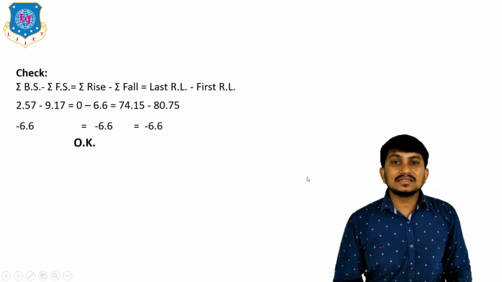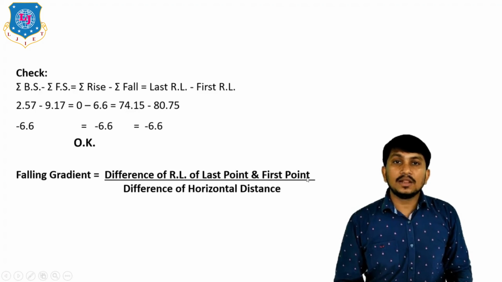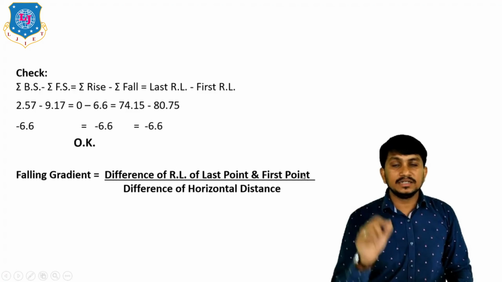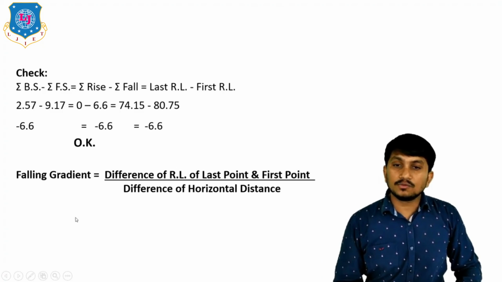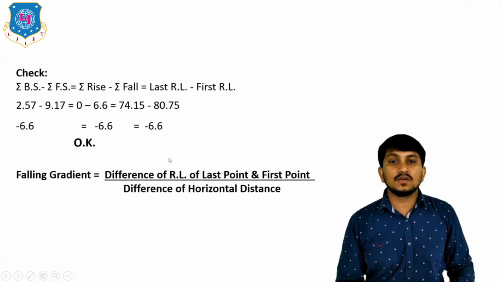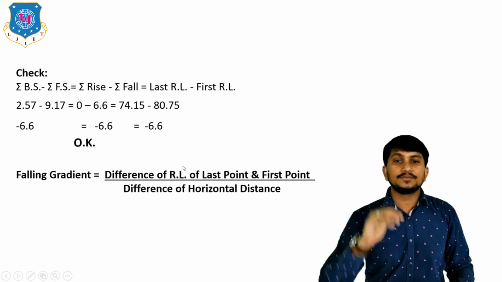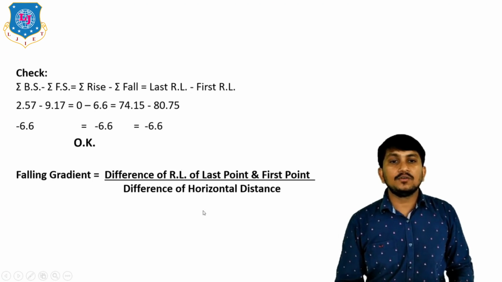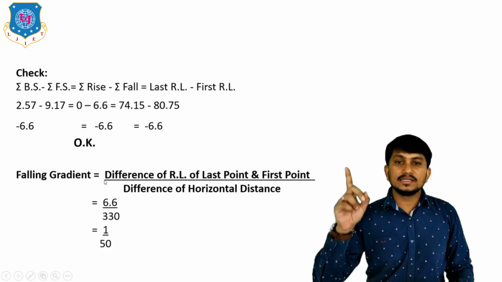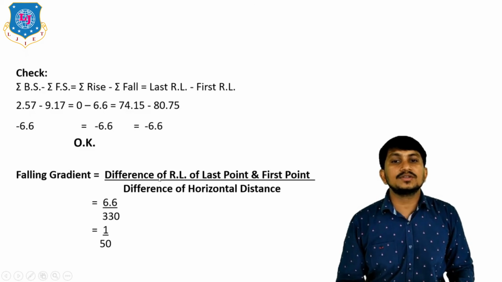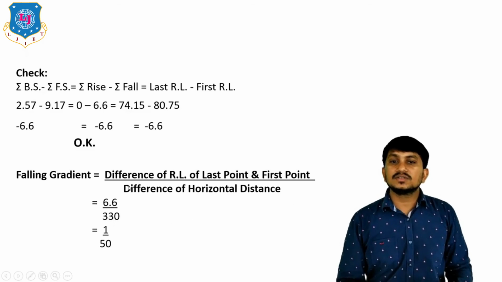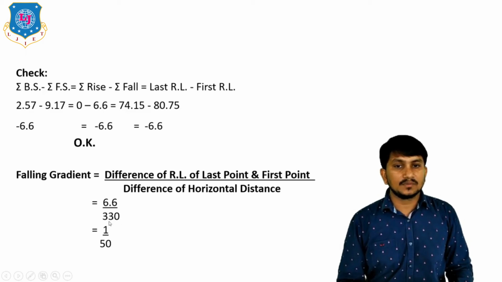In this example, we have to calculate the gradient because it is asked in the example. The gradient can be found by taking the ratio of the difference of RL of the last point and first point to the difference of horizontal distance. The difference of RL of the last point and first point is 6.6, and the difference of horizontal distance or chainage is 330 meter. So 6.6 divided by 330 is 1 upon 50.